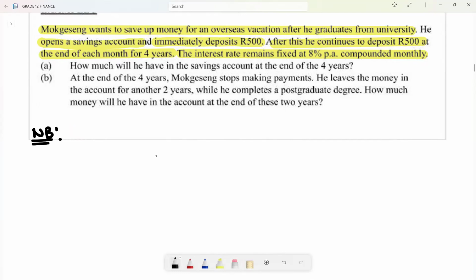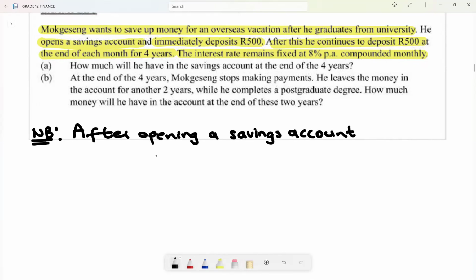Let me explain. After opening a savings account, there are two things that should happen.